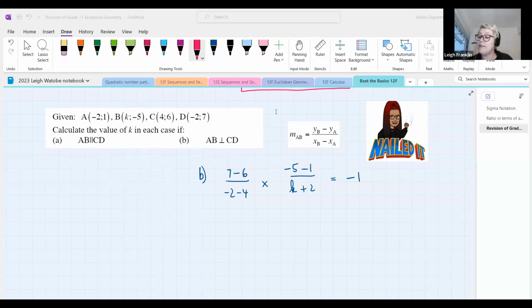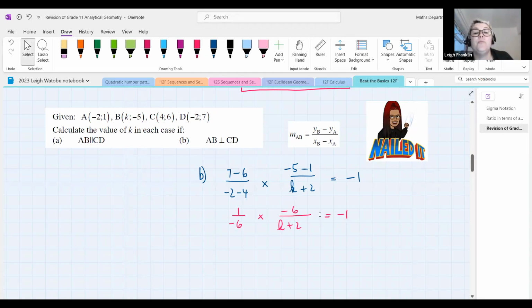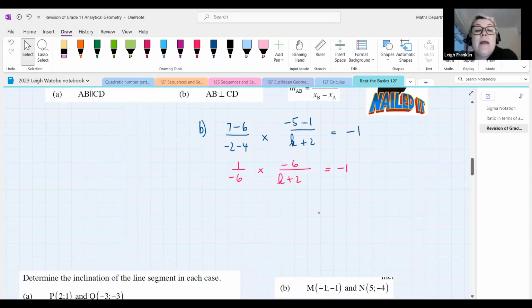Okay, so if we set it out Linda's way, let's just go ahead and do that. This would leave us with 1 over -6 multiplied by -6 over K plus 2 equals -1. When we multiply fractions, we've got to multiply numerator with numerator and denominator with denominator. So that would give us -6 at the top, and at the bottom, we would have -6K minus 12, and that would be equal to -1.